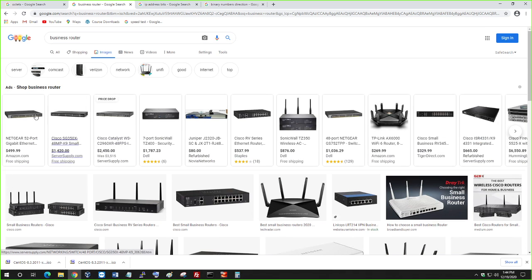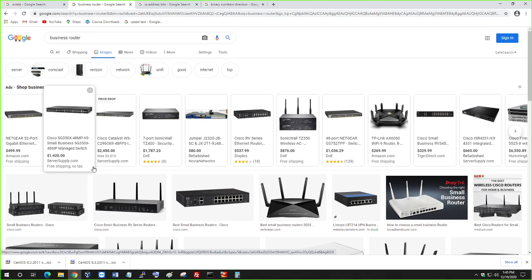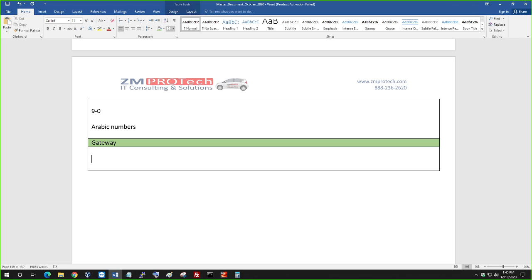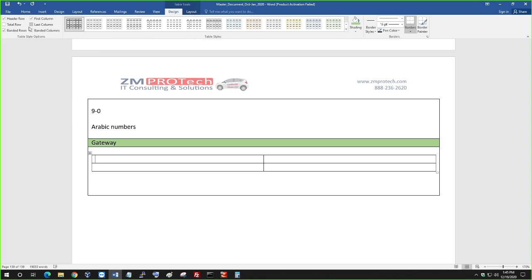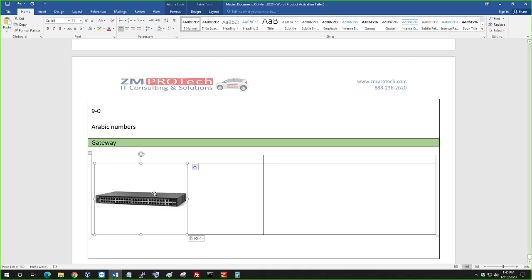So if you have a router like this one, a router comes with so many ports, right? But in reality, you could have one or two. In reality, each router could handle up to 256 devices.